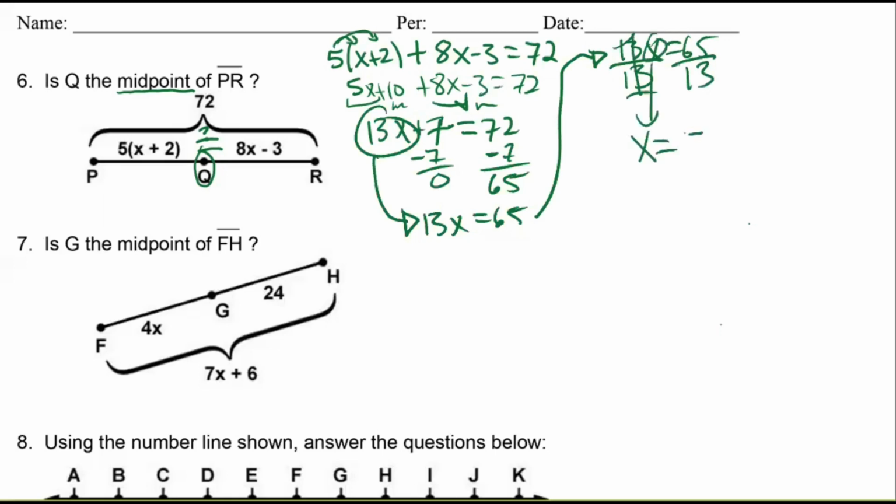x equals 5. Okay, so now we found out that x equals 5, but we're not done yet. Why? Because we got to plug it back in. 5, and then I have 5 here, right?